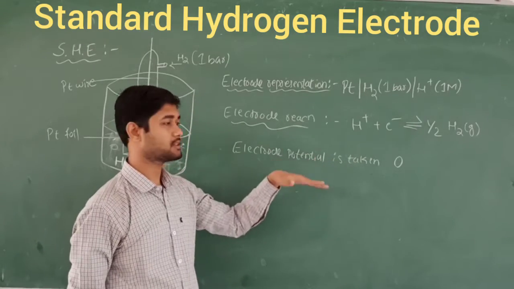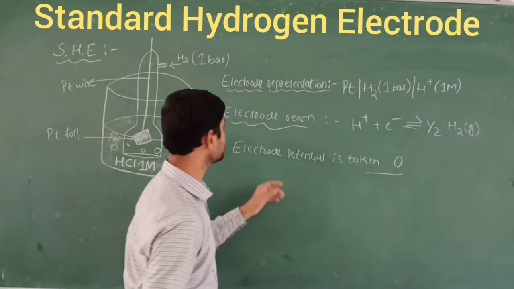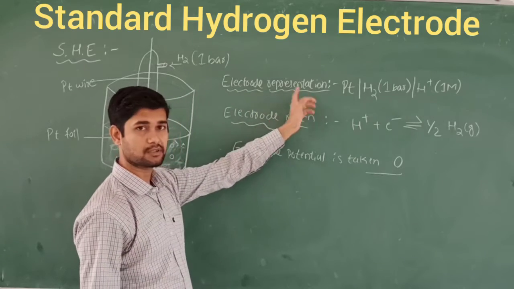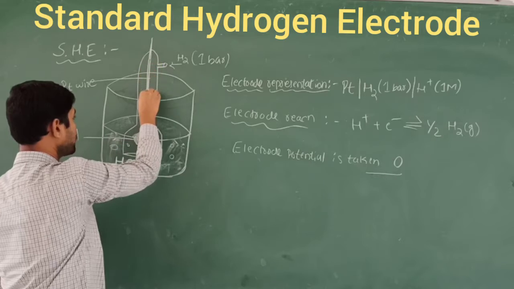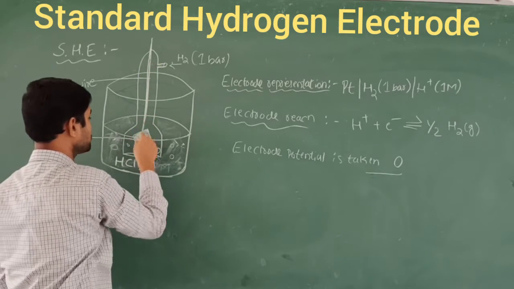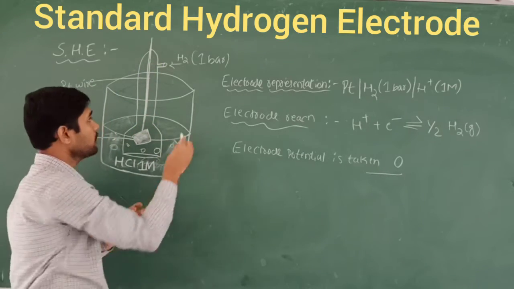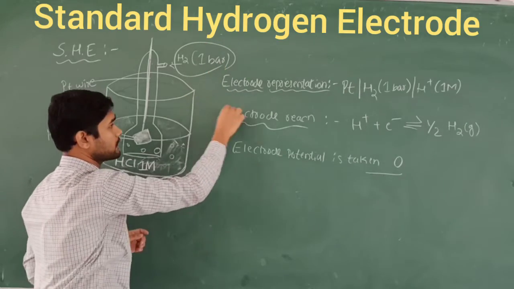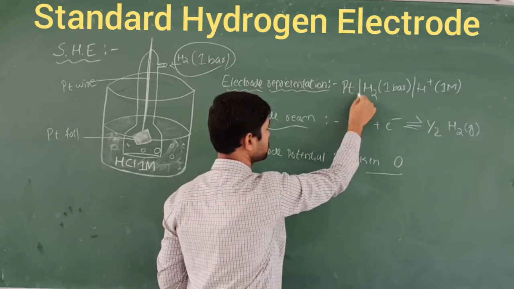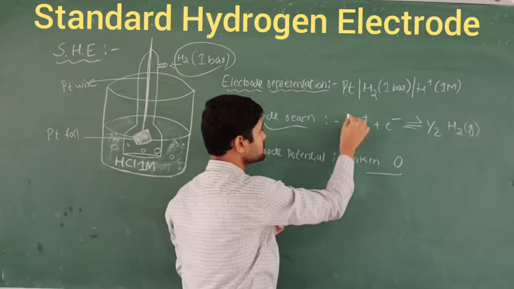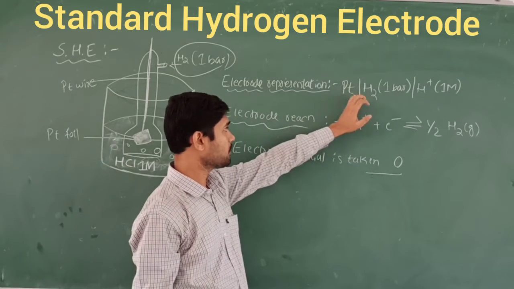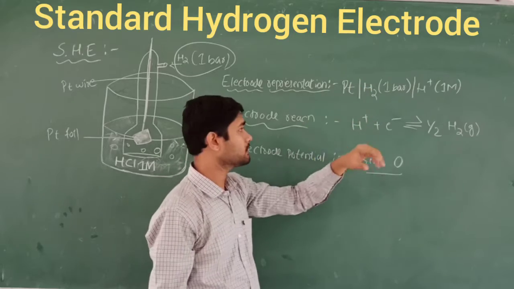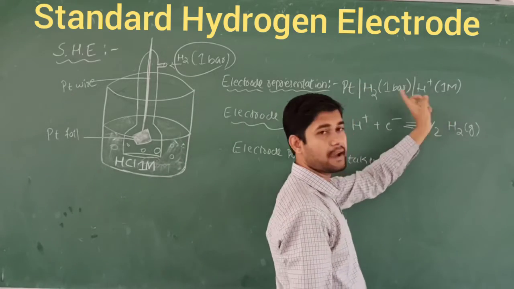Hydrogen reduction potential is always 0, and this is just the electrode representation. How do we write it? This is the platinum wire, on which 1 bar hydrogen gas is adsorbed on the platinum foil, dipped in the 1 molar concentration of H plus ions.